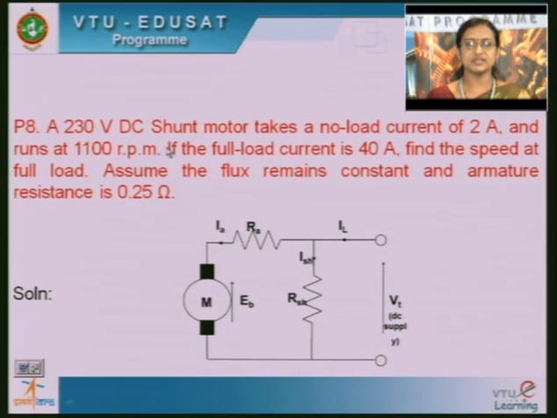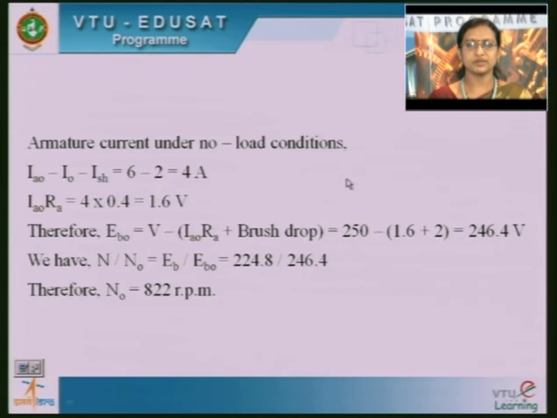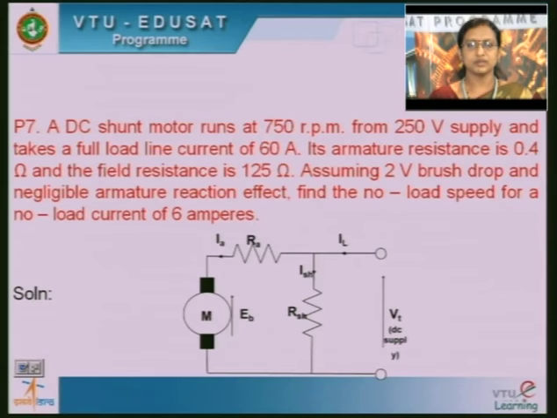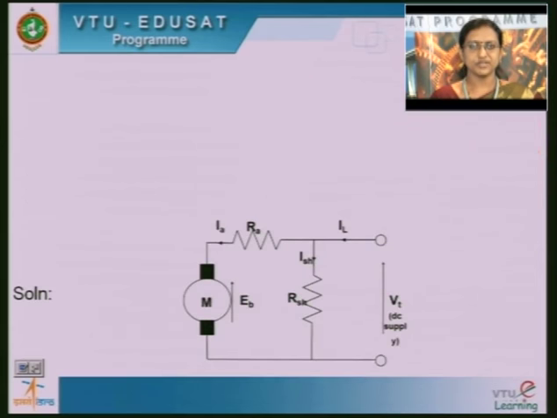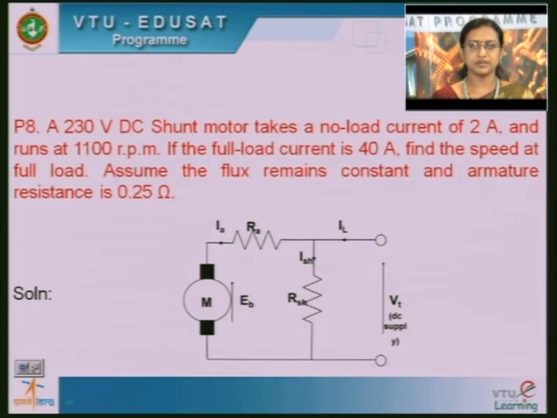You observe that in the previous problem, you calculated the no load speed, because they had mentioned the full load speed. So, you had to find out the no load speed. In this problem, they have mentioned the no load speed. Now, you have to find out the full load speed.